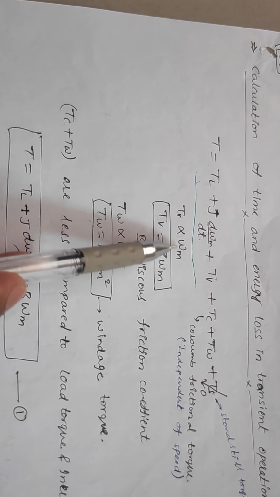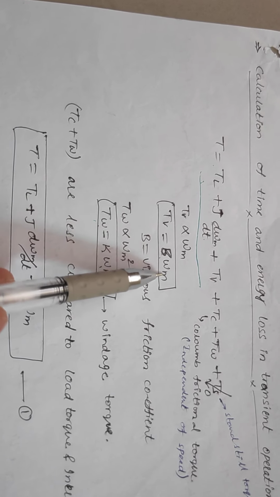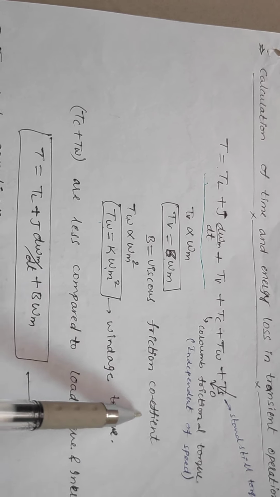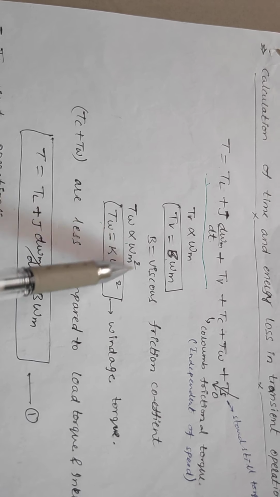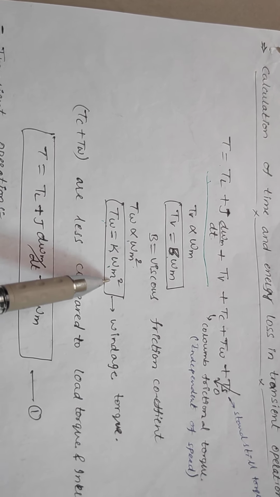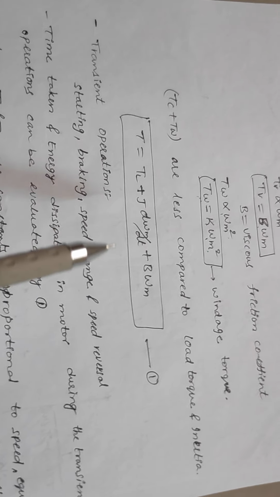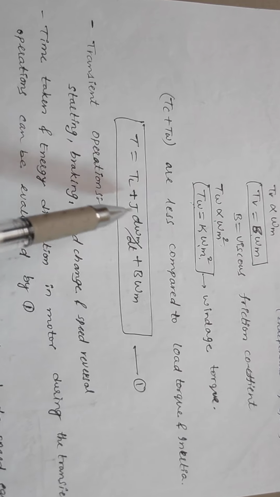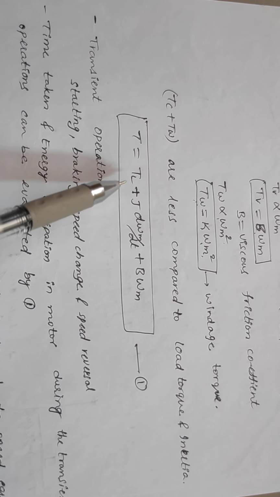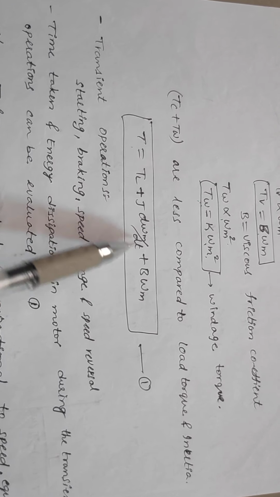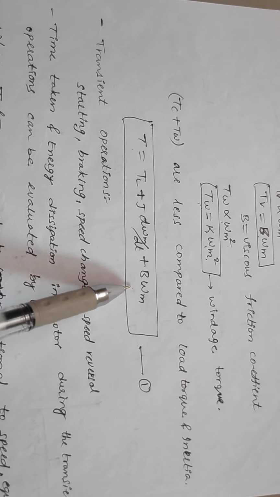By removing this proportionality, we get TV is equal to B into omega, where B is the viscous friction coefficient, and TW is equal to K into omega square. So overall, by neglecting TC, TW, and TS, we get the equation T is equal to TL plus J into d omega by dt plus B omega.